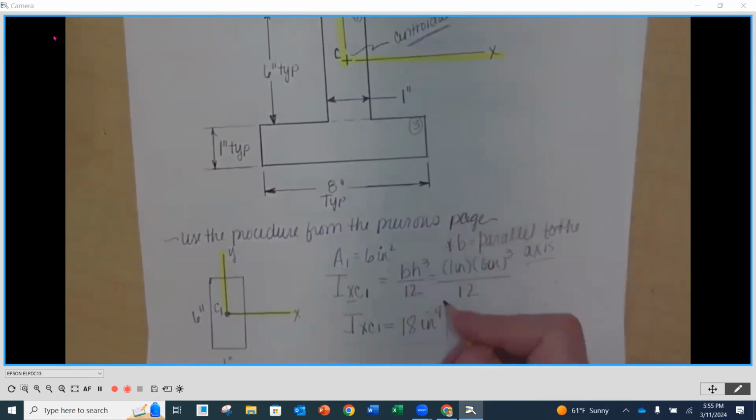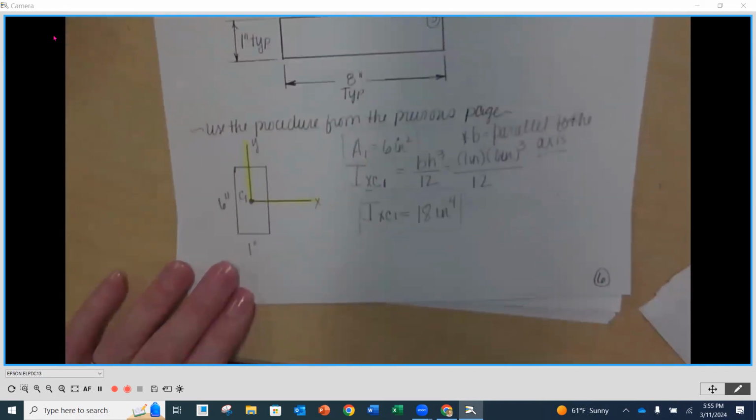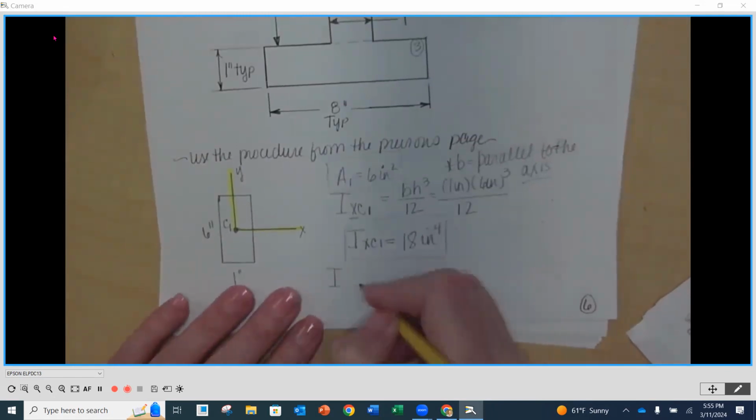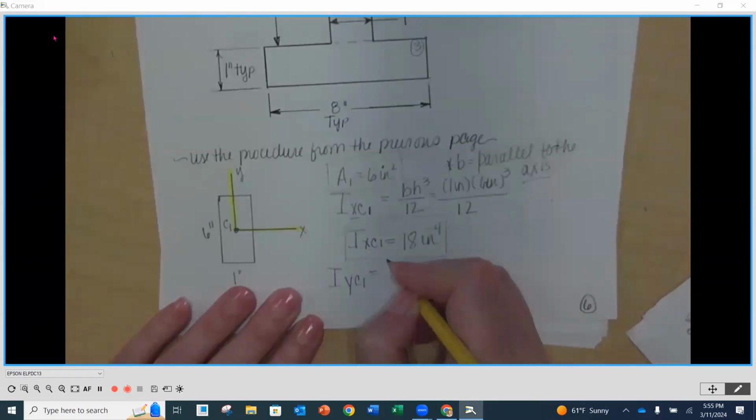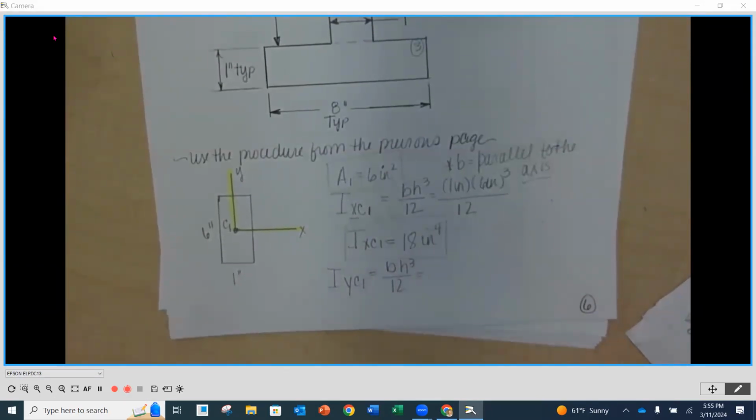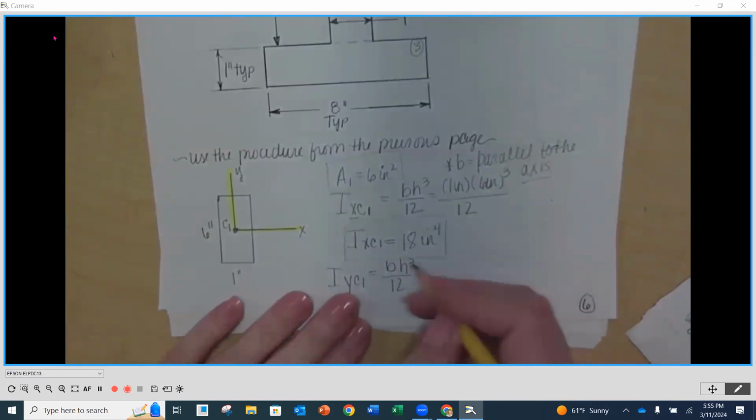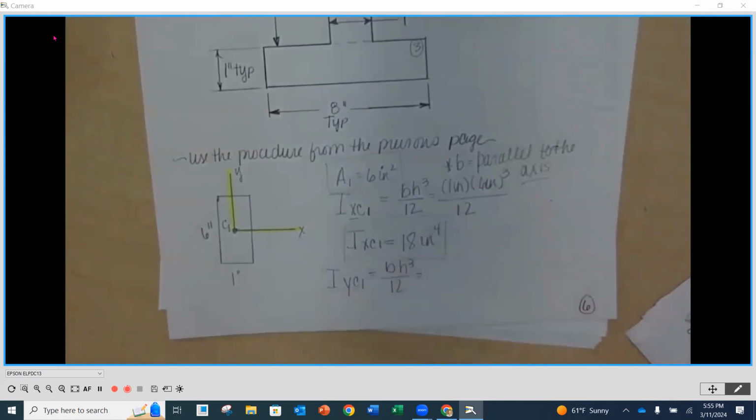So we're going to need that in our chart. We'll need our area. We'll need our moment of inertia about the x centroidal axis. And then we'll also need the moment of inertia about the y centroidal axis, number 1. And again, that's going to be base times height cubed divided by 12 using the correct dimensions. So my base this time, now this is about the y-axis.